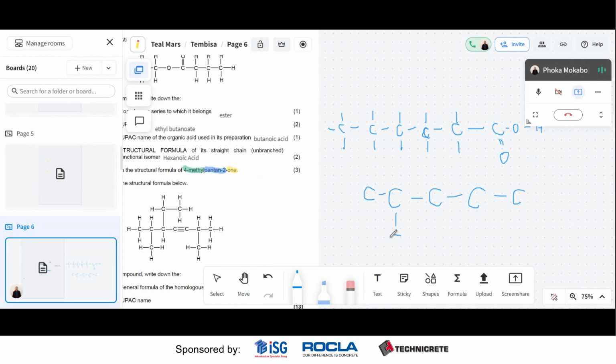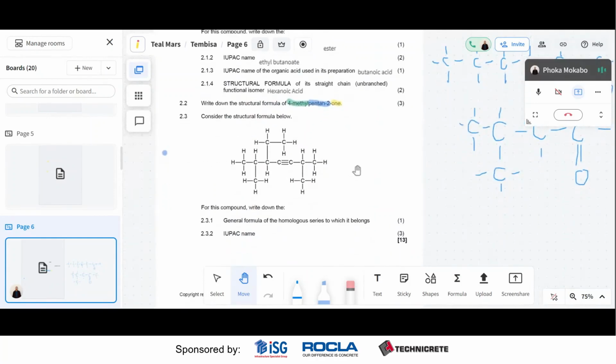In position 4, we'll have a singular branch, with hydrogens all over the show. And in position 2, we will have our double oxygen bond. There we go. The rest of these are all hydrogen bonds, hydrogens again at all the ends of the stems. We'll save the time to not draw them, but it is implied that they are all hydrogen stems.